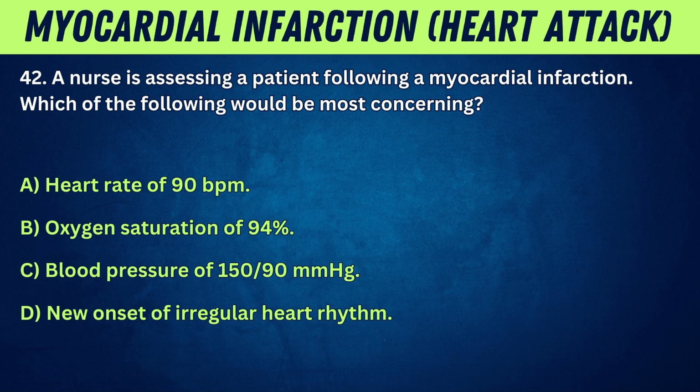42. A nurse is assessing a patient following a myocardial infarction. Which of the following would be most concerning? A. Heart rate of 90 bpm. B. Oxygen saturation of 94%. C. Blood pressure of 150/90 mmHg. D. New onset of irregular heart rhythm.